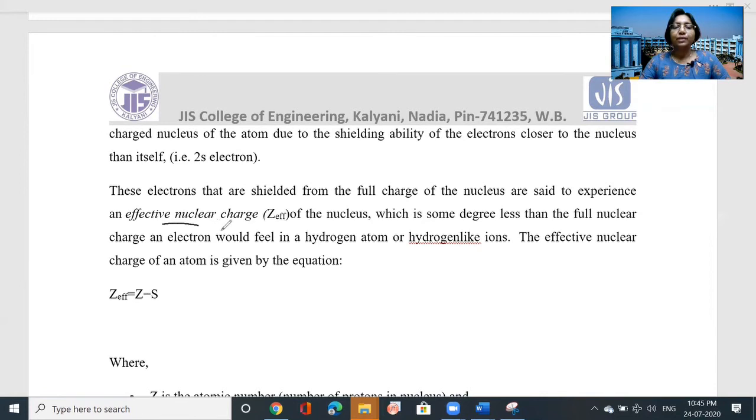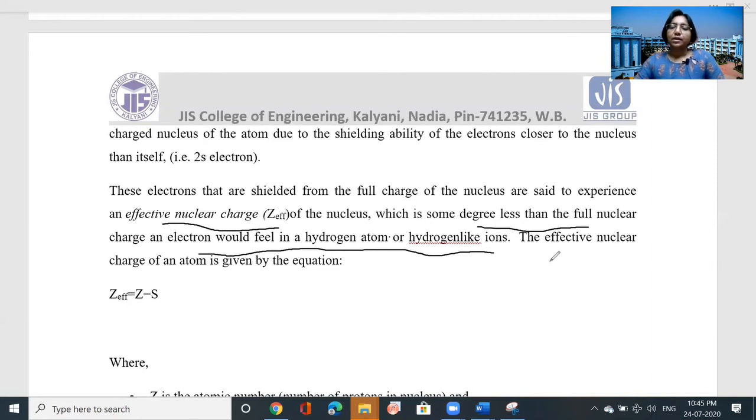So the effective charge will be less, which is some degree less than the full nuclear charge an electron would feel in a hydrogen atom or hydrogen-like ions.